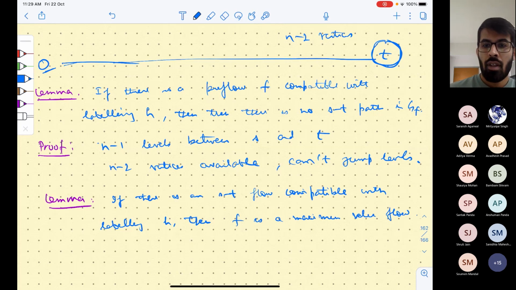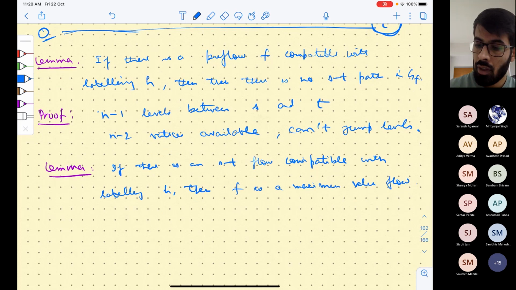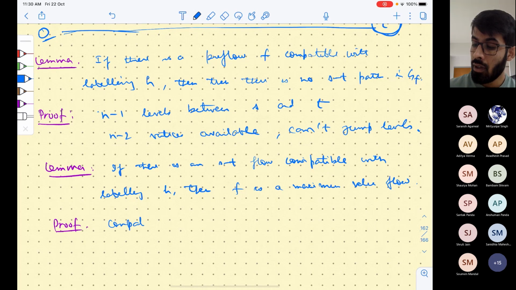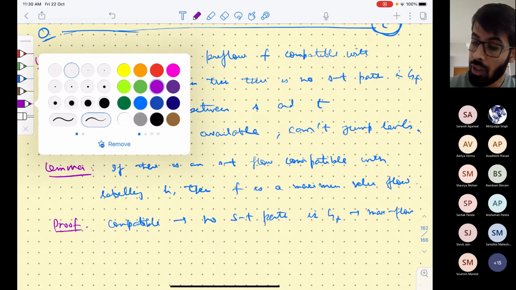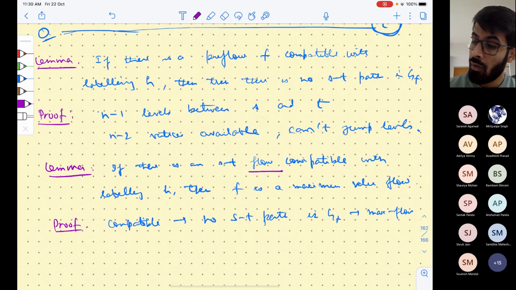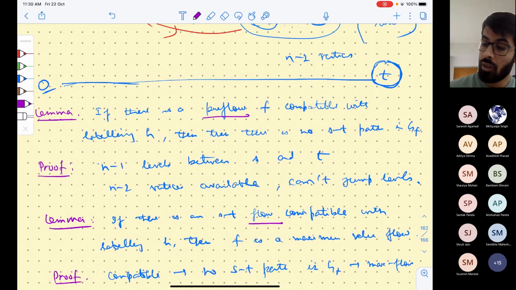And the proof: since it is compatible, again there is no ST path in GF, and that's why it is a max flow. Why? Because this is a flow. This is not a preflow. This was a preflow in the previous lemma.